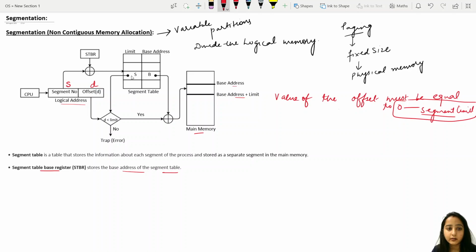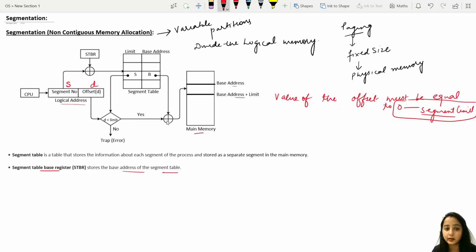Here we generate the logical address with the help of the CPU. CPU first generates the logical address. Here we get the segment number and offset. The value of offset will be compared with the limit. It must be less than the limit value.